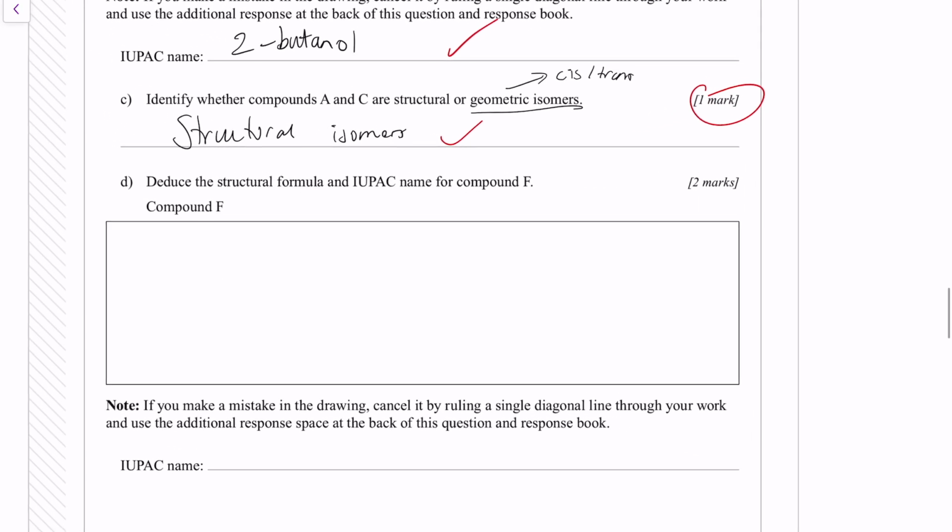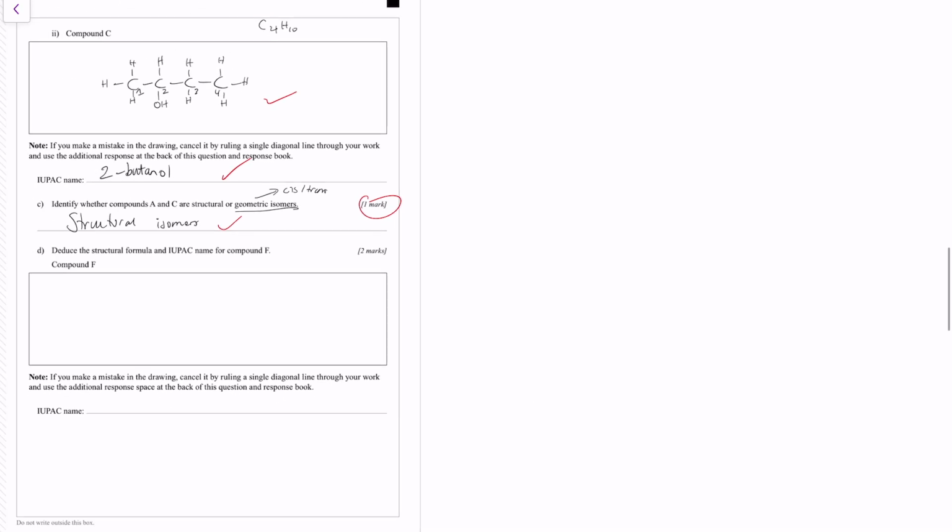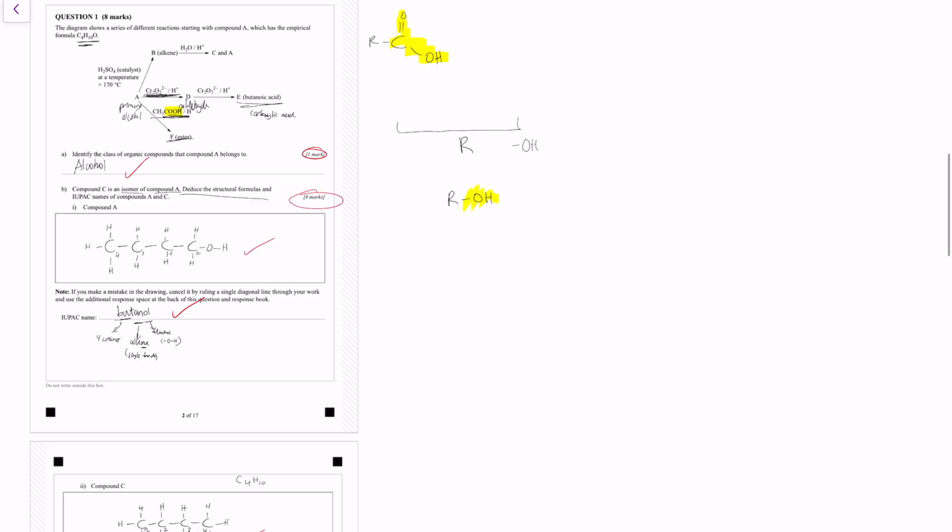So if we think about adding these structures, let's put our primary alcohol first.